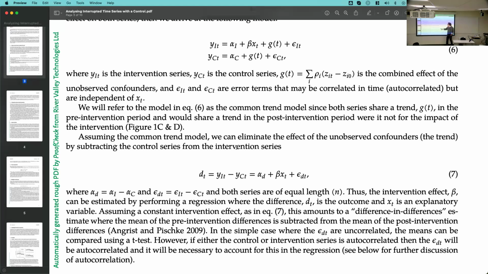This idea of looking at the difference is something that in econometrics people have won Nobel Prizes for. Basically, a super awesome idea for causal inference.